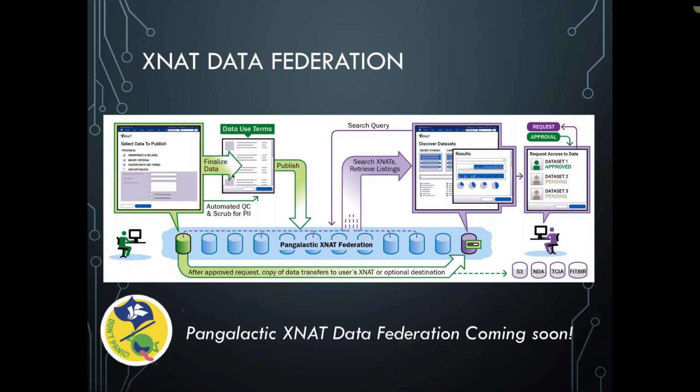And once given approval, they would then be able to directly access the actual images. The intention of the federation is to enable anonymized views of the data, to make it very straightforward and turnkey to make that data accessible to the community in ways that don't breach the privacy of the research subjects.